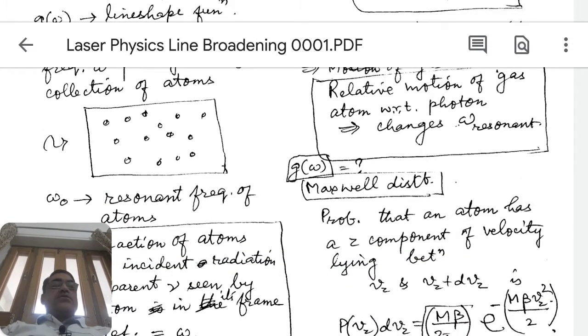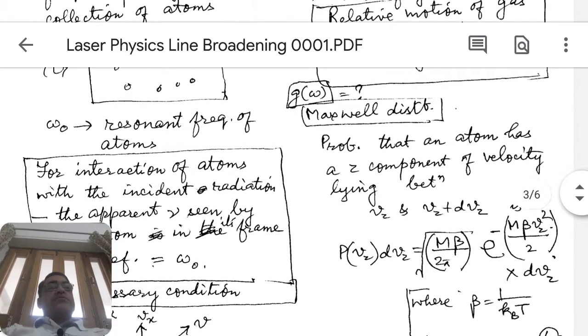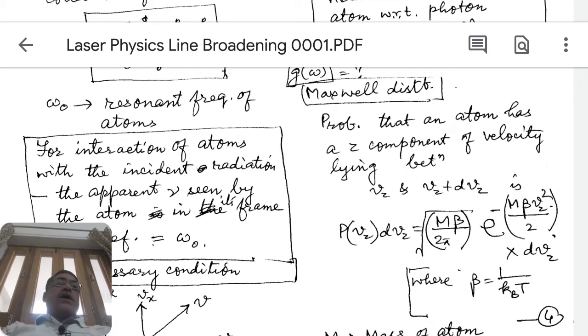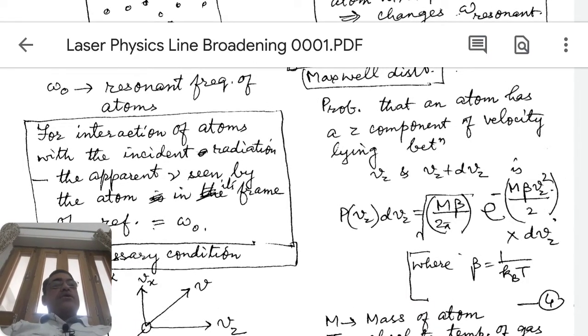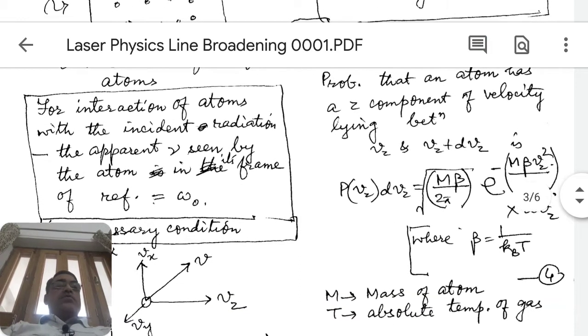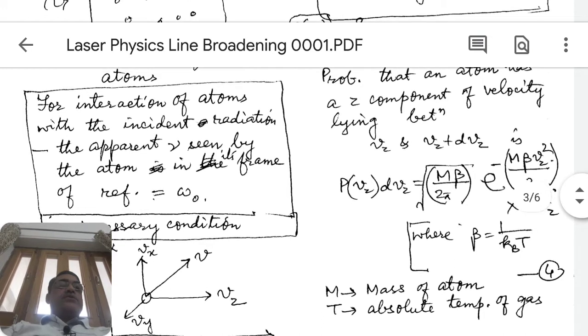Now what is the line width function or the line shape function? For this we apply the Maxwell law of distribution of velocities. We know that Maxwell says that the probability that an atom has a z component of velocity lying between Vz and Vz plus dVz must be equal to the square root of (m beta by 2 pi) times exponential of (minus m beta Vz squared by 2).